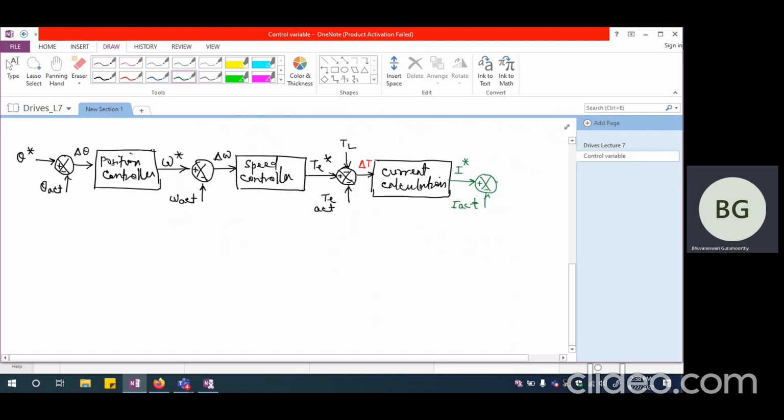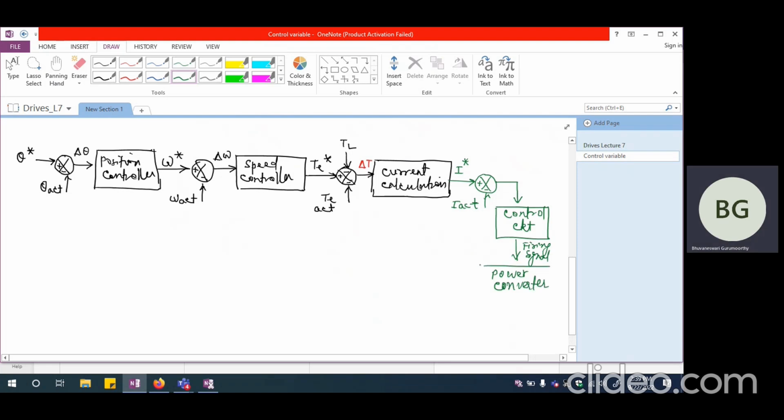Now this is going to go through a current controller or the control circuit. Now this control circuit is going to give out the control signal or firing signal. So what comes out here is the firing signal for the power converter.